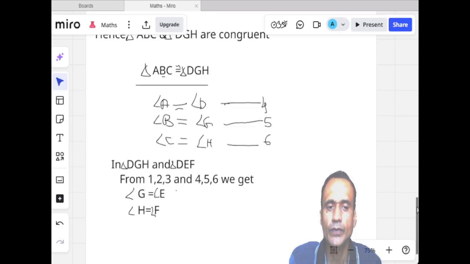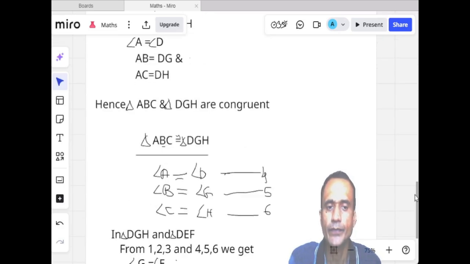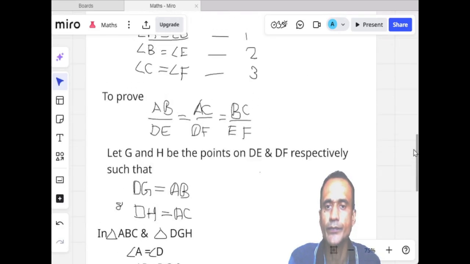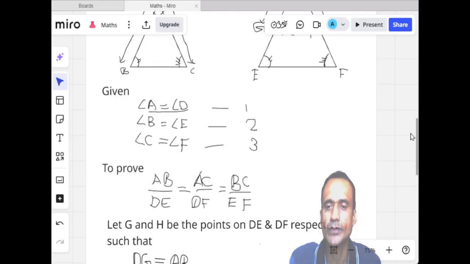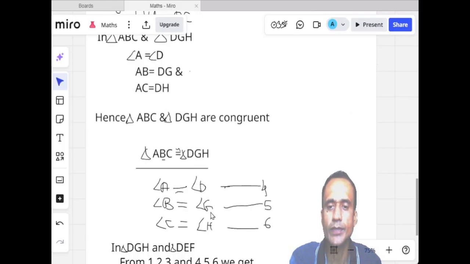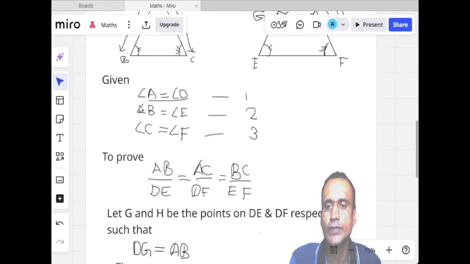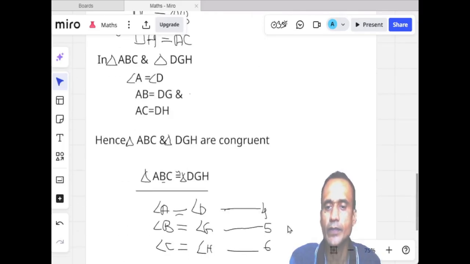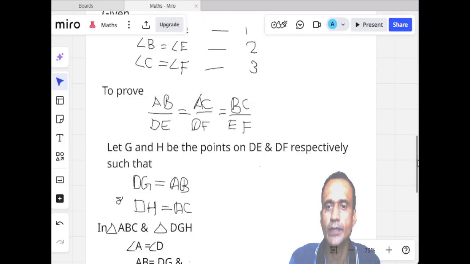So from equations 1 to 3, angle A is equal to D, B is equal to E, and B is equal to G. So if we see equation 2 and equation 5, what we get here?